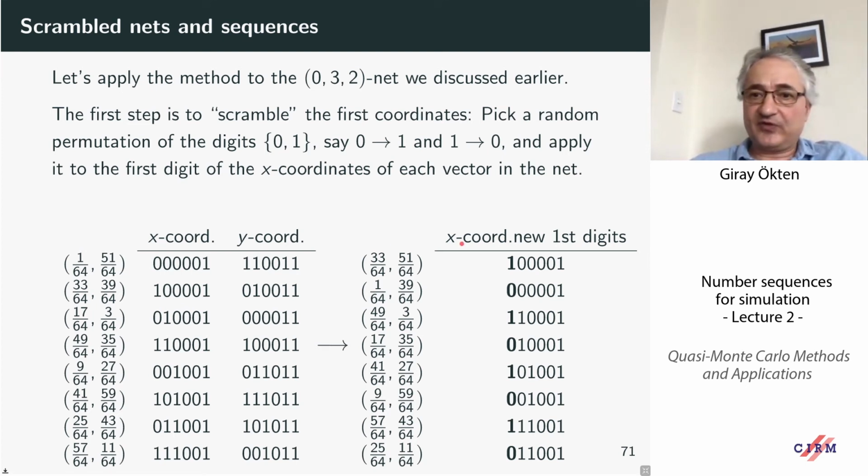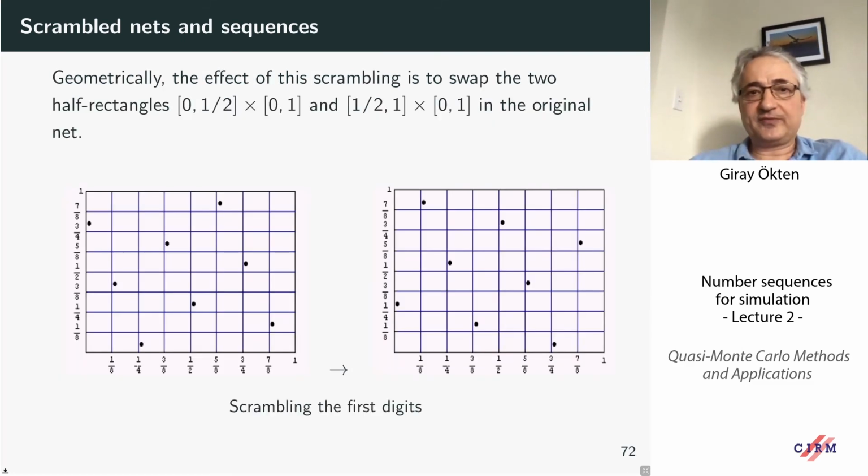So you will have to flip that, and that's going to be 1. And then the next vector, the first digit of its x-coordinate is 1. So then you have to flip 1 to 0, and that's how we obtain this 0. So you continue like that, finishing all the first digits of the x-coordinates.